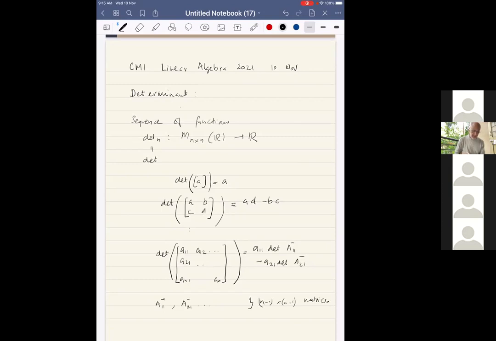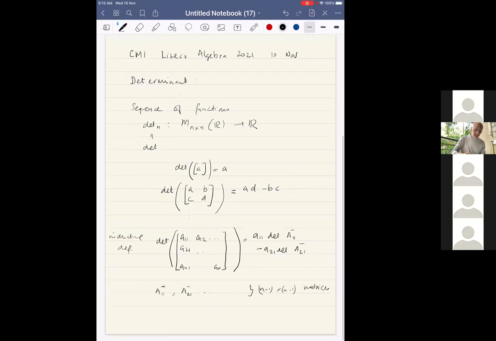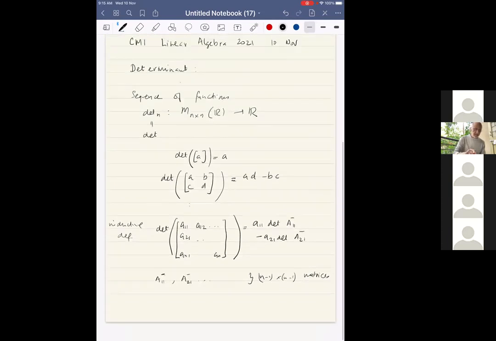So inductive definition, determinant of an n by n matrix is defined in terms of the determinant of an n minus 1 cross n minus 1 matrix. So this is an inductive definition.